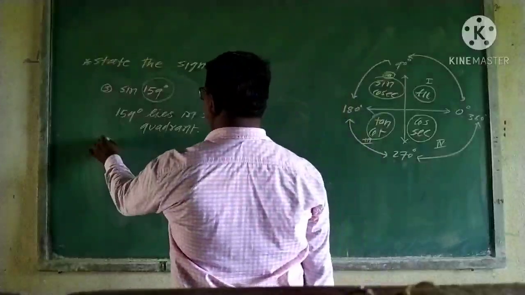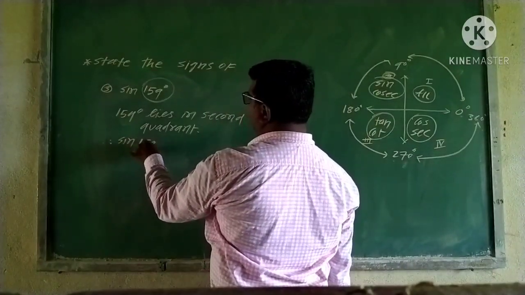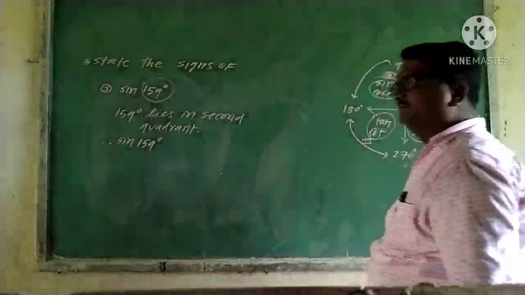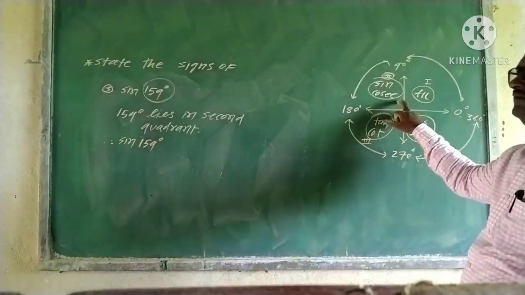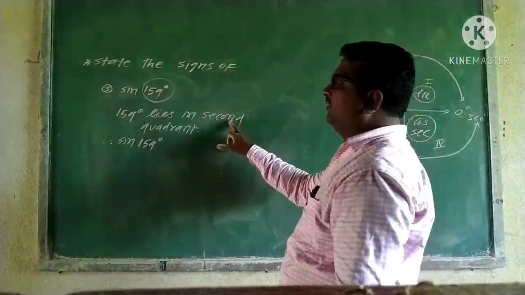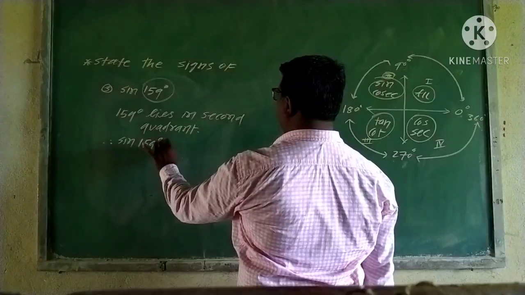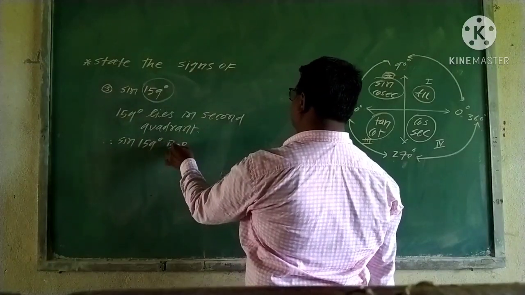In the second quadrant sine is positive, so sine of 159 is positive.